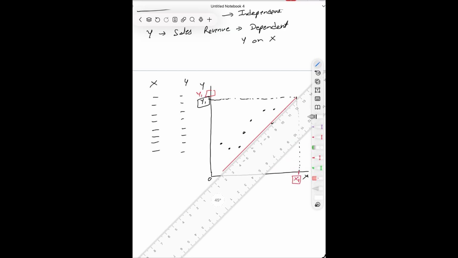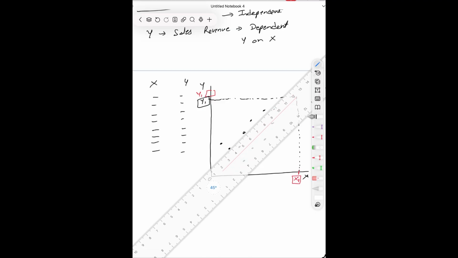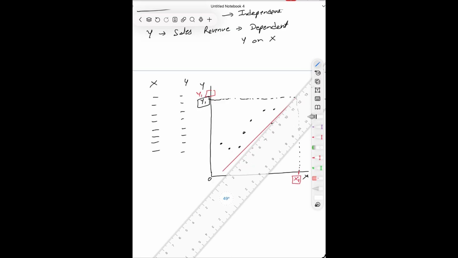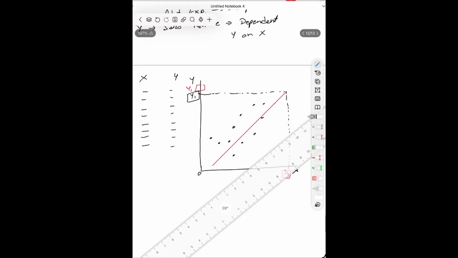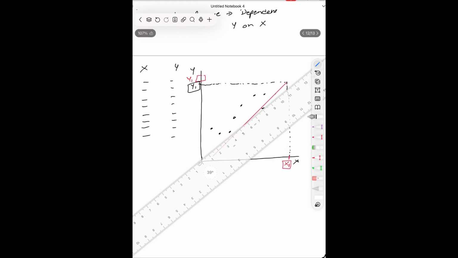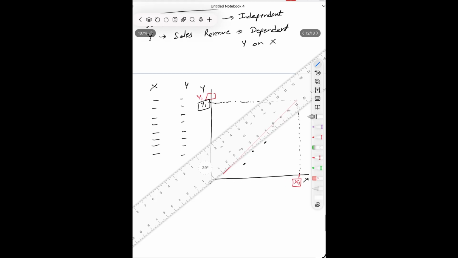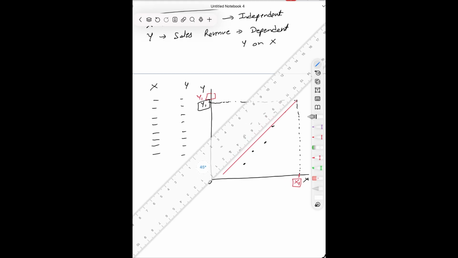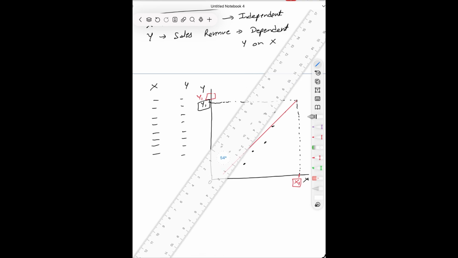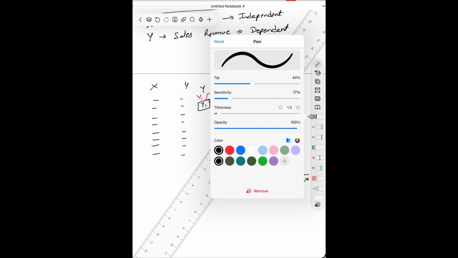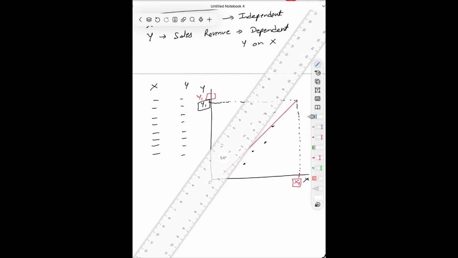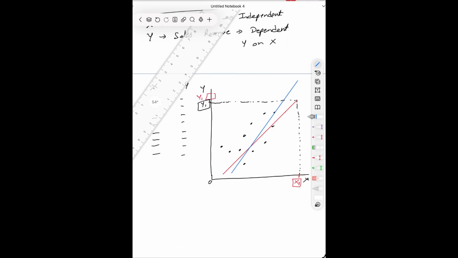What would happen if, let us say, someone else has put a line like a blue line? In that scenario, my estimation for y would be a significant increase in the estimated level.